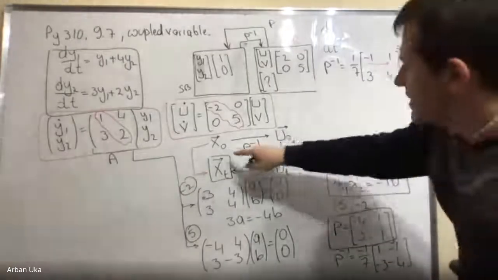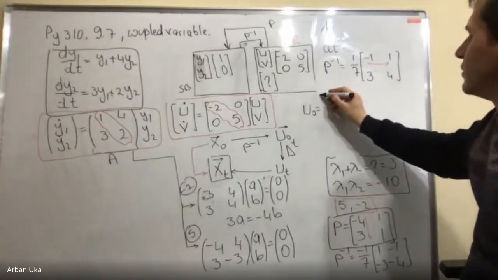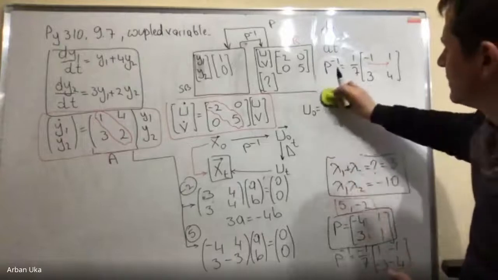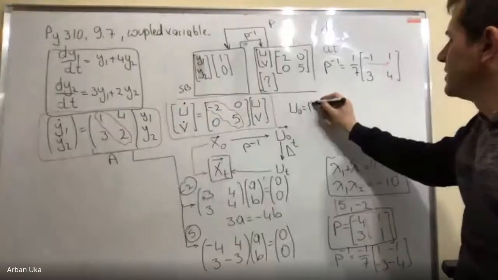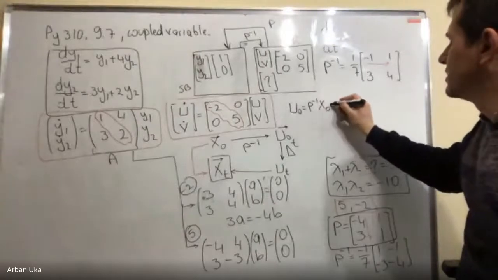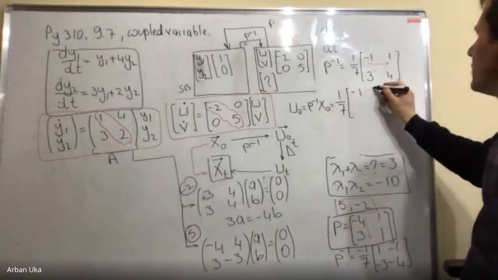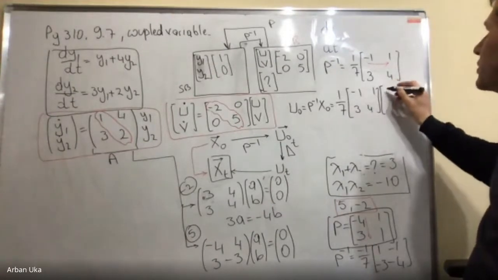So now let's follow. We found all the matrices. Then let's find what is U0. U0 is equal to P inverse times X0. So let's write this one here. U0 is equal to P inverse times X0, which is equal to 1/7 times -1, 1, 3, 4 times the initial condition, which was 1, 0.